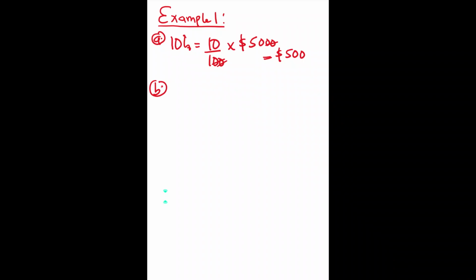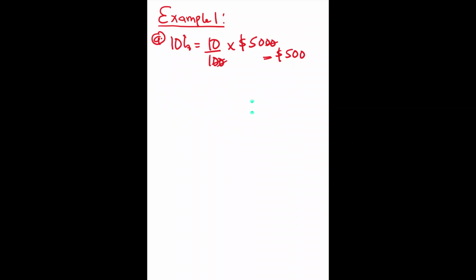And then B, we are asked to find the simple interest. So SI is equal to PRT over 100. And we know that the principal is, oh sorry, I'm not done with A. I skipped something.